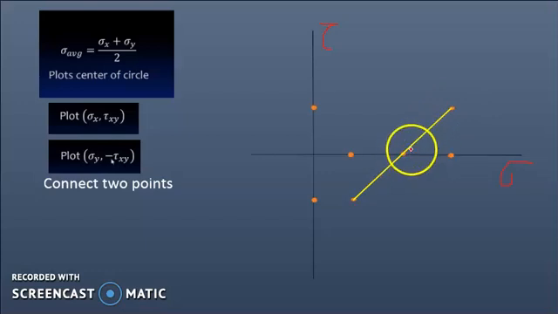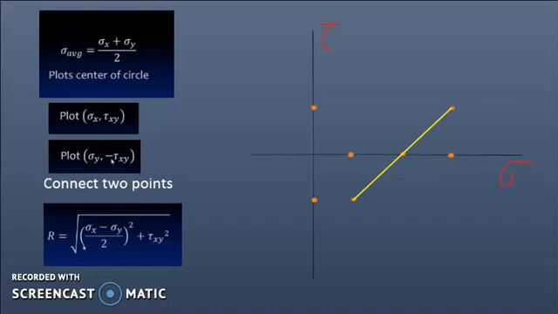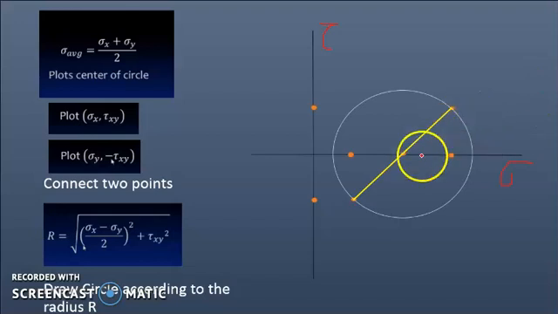Now, either we take this as the center and this as the radius, we draw the circle. The circle can be drawn according to this radius. Since both ends have the same radius, we don't have to worry about it.